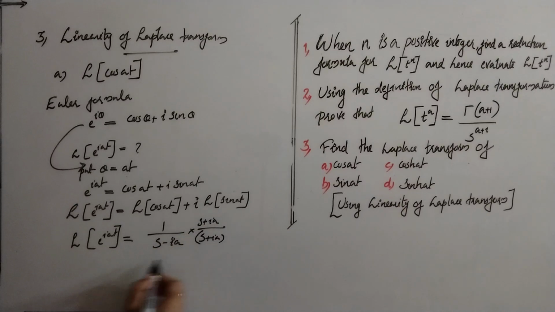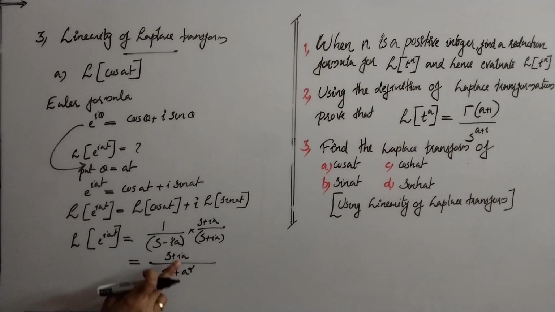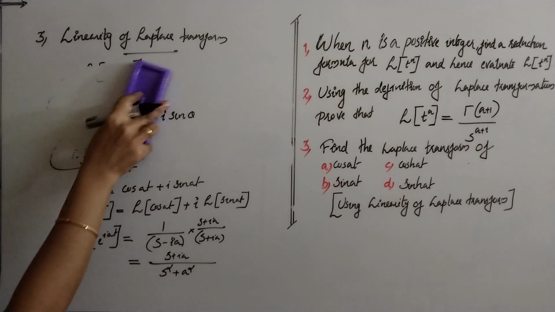What we get? s plus ia divided by a minus b into a plus b, that is s square minus i square into a square. i square is minus 1, so s square plus a square, that is s plus ia divided by s square plus a square.